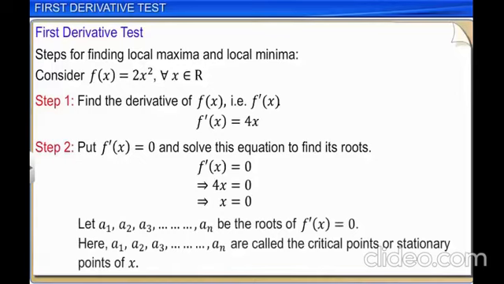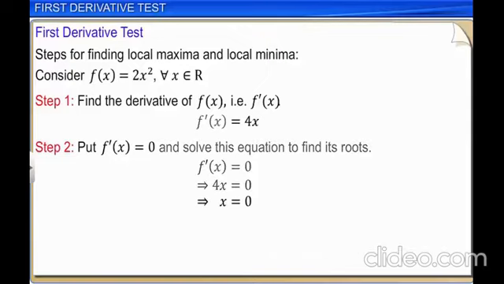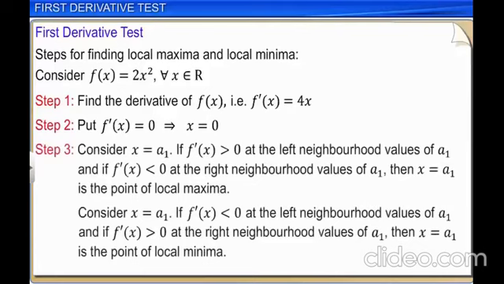At these critical points, we find the local maxima or local minima of the function f by observing the behavior of the function in their small neighborhood. If the derivative of f is positive at the left neighborhood values of a1, and if the derivative of f is negative at the right neighborhood values of a1, then x equals a1 is the point of local maxima.